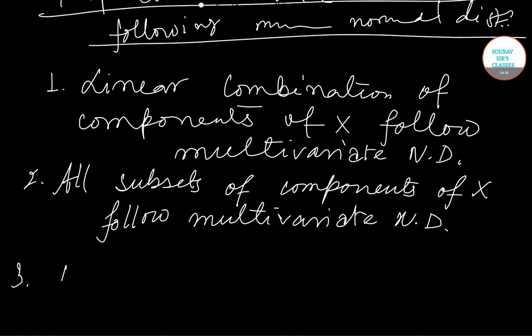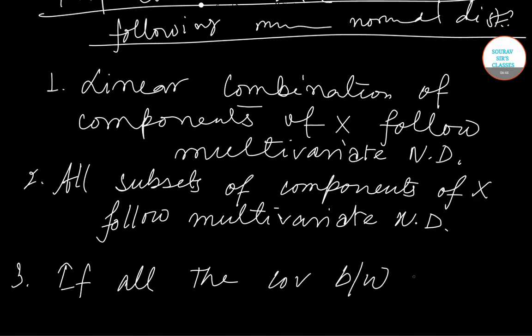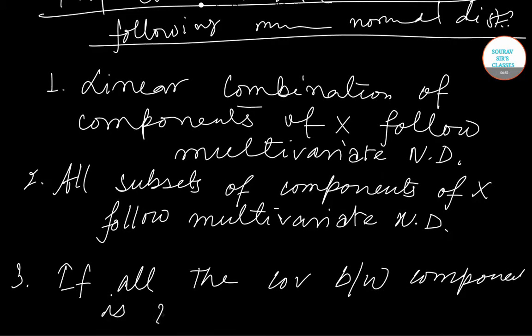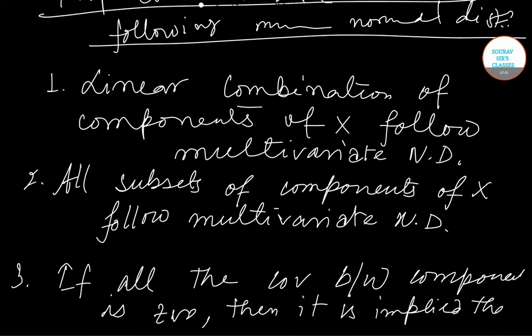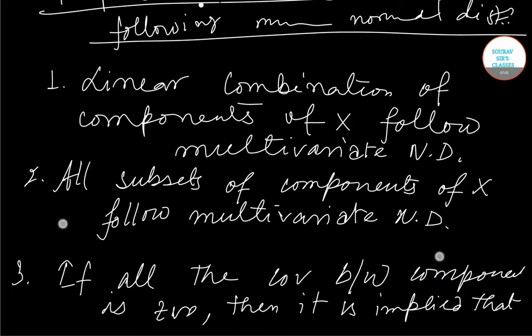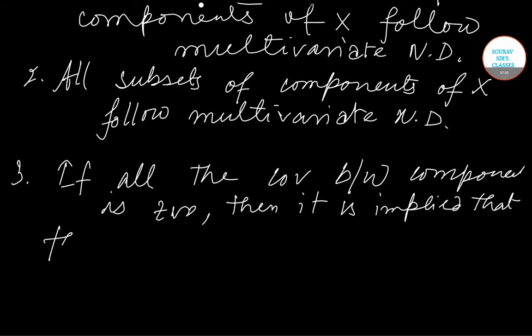Number 3 is if all the covariance between components is 0, then it is implied that the components are independent.